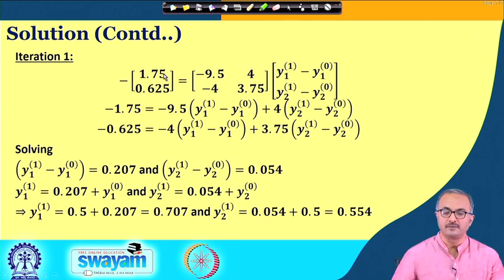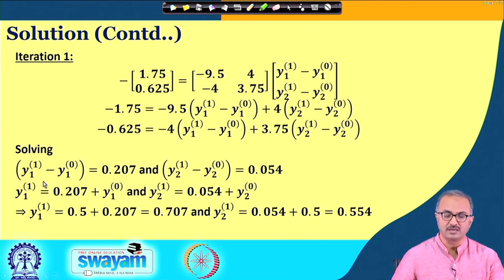So, in the first iteration we simply multiply this matrix with the vector and we get this expression and this expression. Now, you can see that we have two unknowns and two linear algebraic equations, and because it is only two variables, we can easily find the values of these two unknowns by rearrangement.